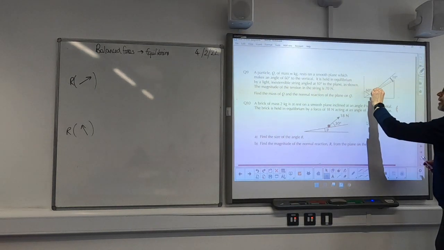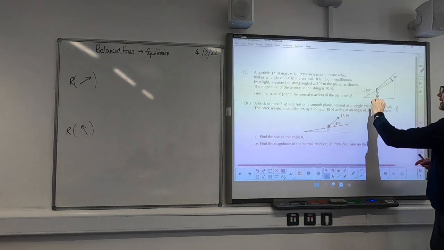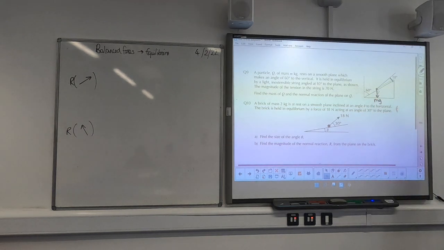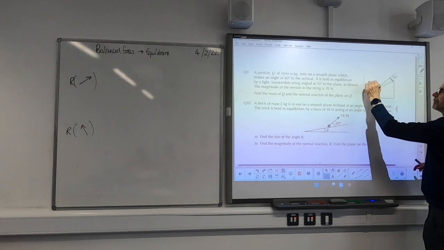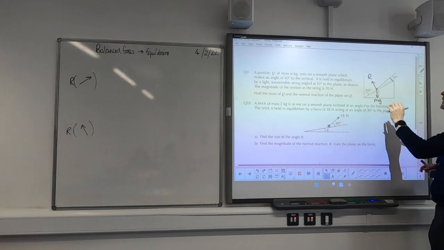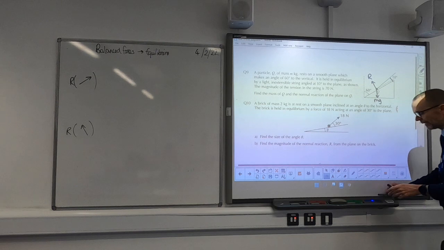The weight, which we don't know, mg, will always be vertical. There's another force here, the reaction force, you may remember, that pushes up, but that goes perpendicular to the slope. So we've got a few angles to work out here, haven't we?